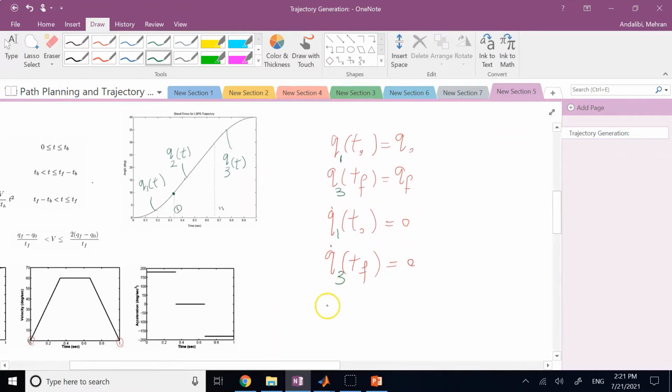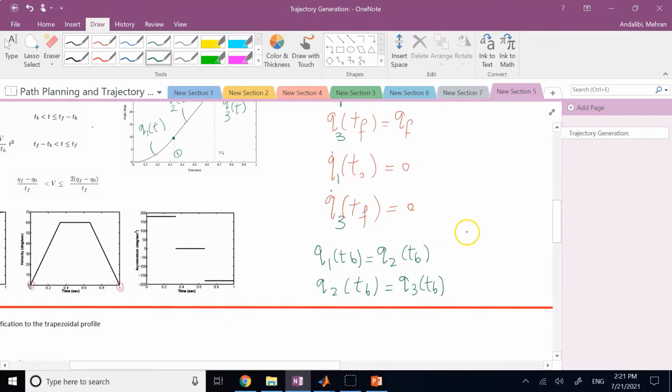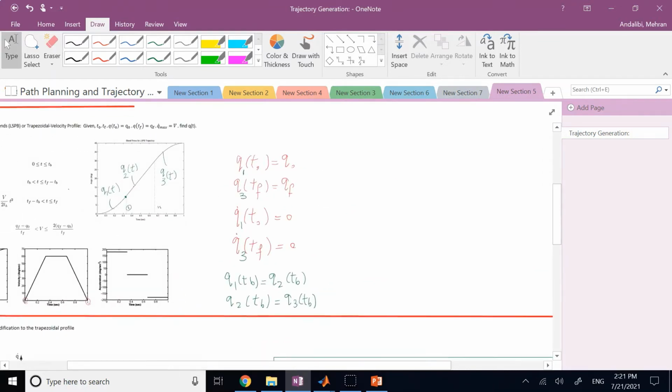Okay, and then continuity conditions will give me q1 at t blend is equal to q2 at t blend. So that's one more condition, and then q2 at t blend is the same as q3 at t blend. So these are the continuity conditions.